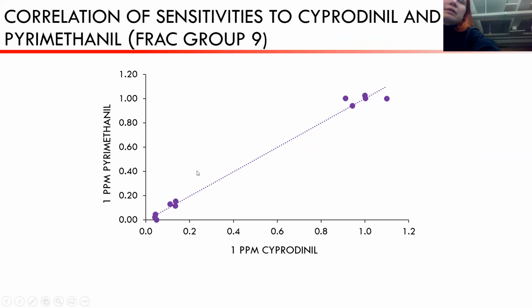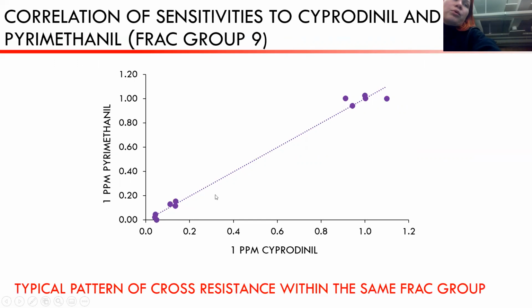On this graph, you can clearly see what we call a typical pattern of cross-resistance within the same FRAC group. Strains that were sensitive to cyprodinil were also sensitive to pyrimethanil, while strains that were resistant to cyprodinil were also resistant to pyrimethanil. That's what we usually expect to see with fungicides from the same FRAC group.